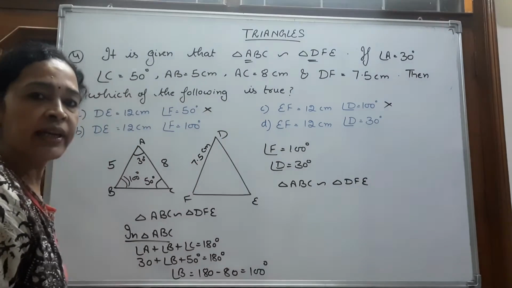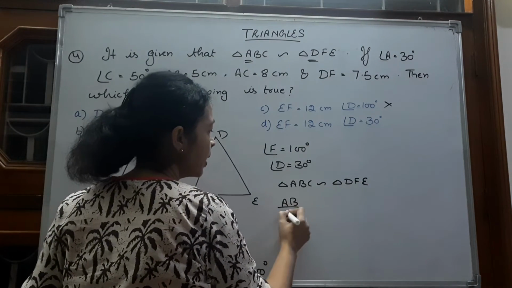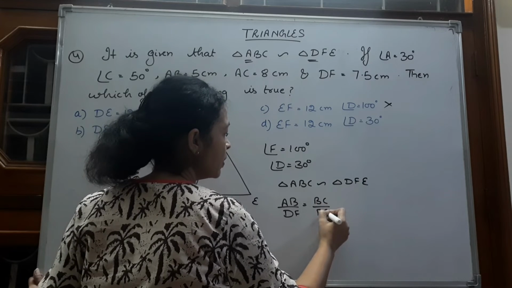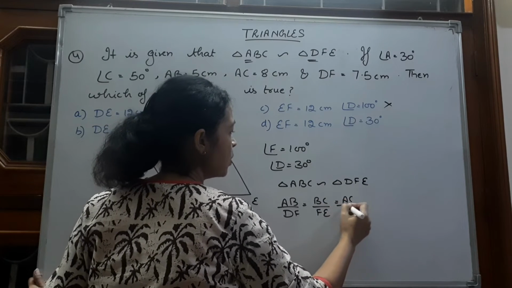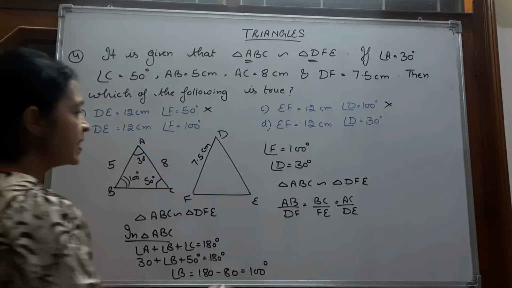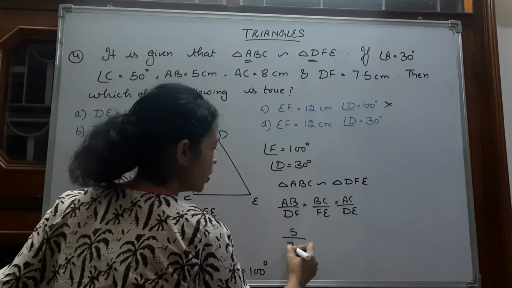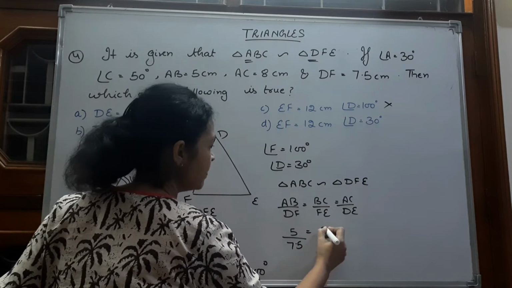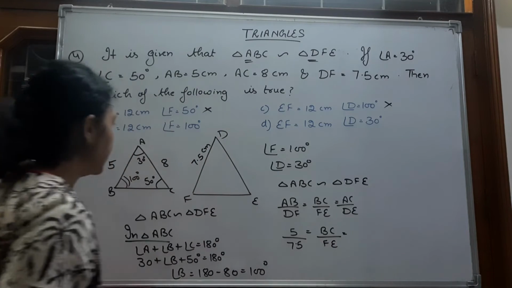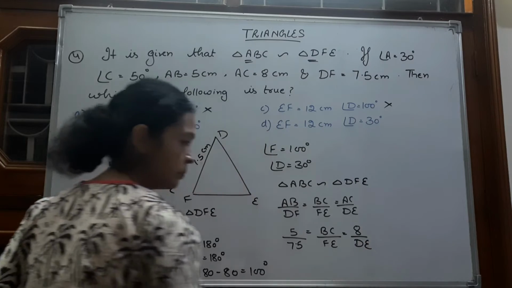When triangles are similar, sides must be proportionate. So, AB upon DF equals BC upon FE and equals AC upon DE. Now, AB is 5 centimeters upon DF is 7.5 equals BC, we don't know, upon FE, also we don't know, AC is 8 upon DE.